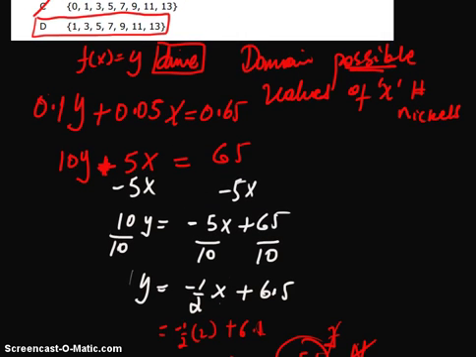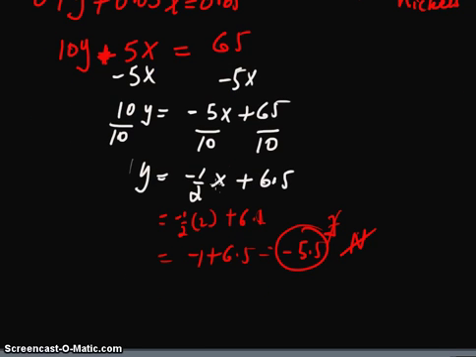Let's try 1, 3, 5. If I put 1, I get negative 0.5 plus 6.5, which is 6. When I put 1, I get 6 dimes. It makes sense: 1 nickel and 6 dimes makes 65 cents. How about if I put 3? Negative 1.5 plus 6.5 would be 5.